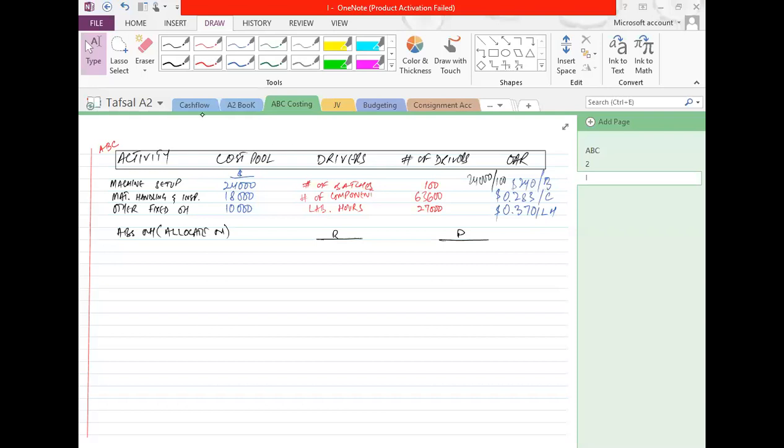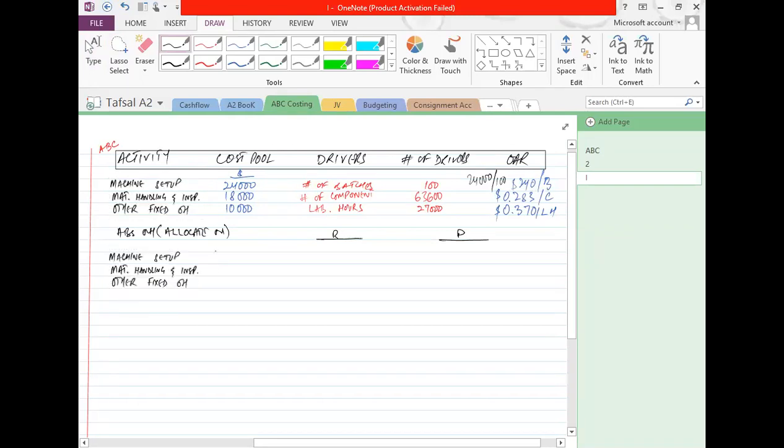Now for allocation, we take all these 3 items again, and their overheads need to be distributed according to the OAR, right?